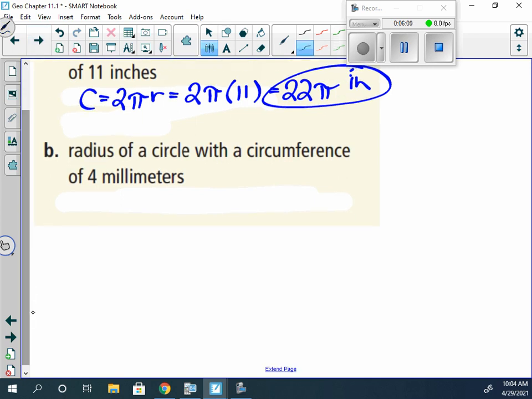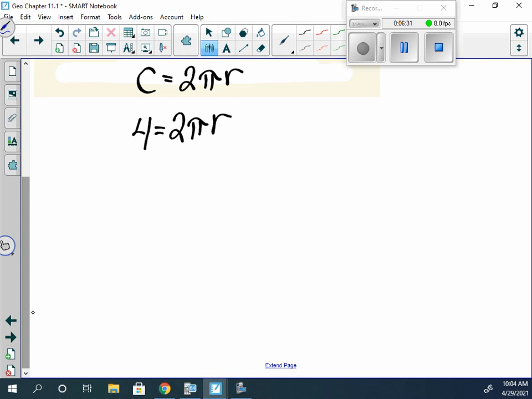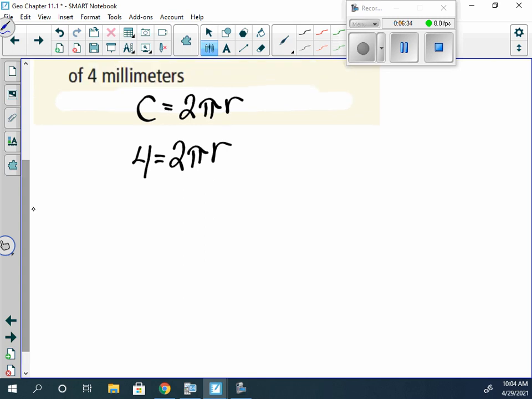All right. This time it wants us to find the radius of the circle with the circumference of 4 millimeters. So circumference is equal to 2 pi r, and our circumference this time is 4, which is equal to 2 pi r. Our next step would be to divide both sides by 2 pi. The value of the radius that we would get, well, 4 divided by 2 is 2 over pi.